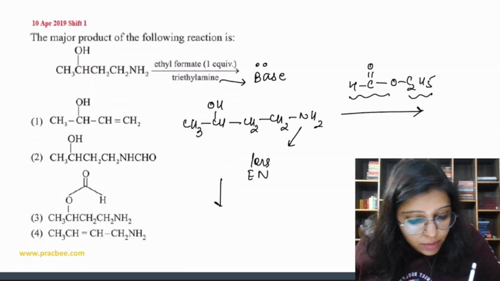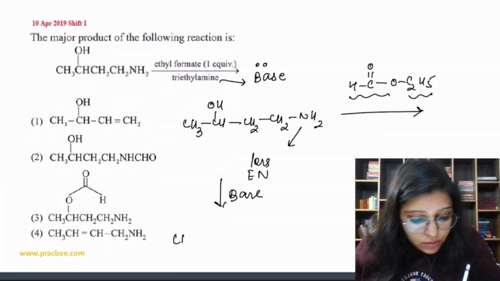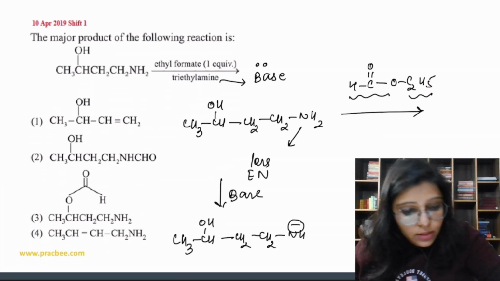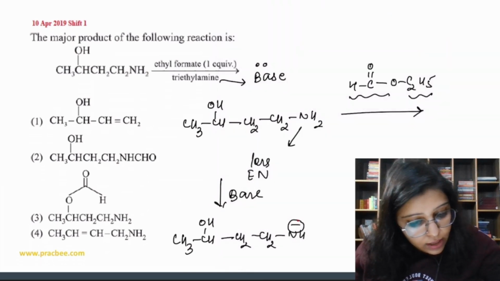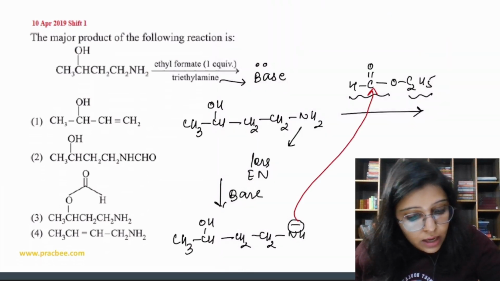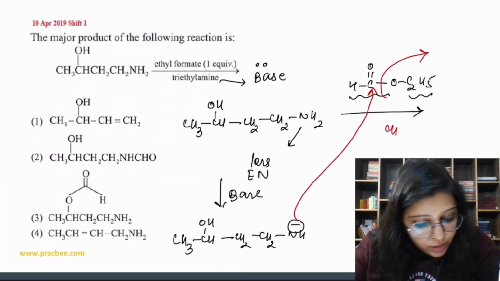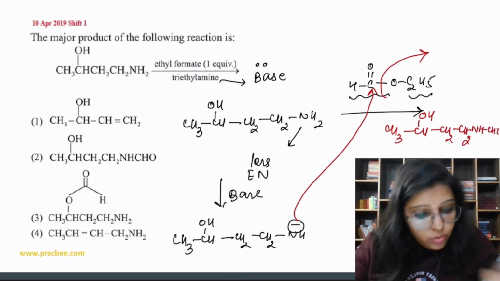Okay, so now in the presence of base, what happens? We have CH3, CHOH, then CH2, CH2, NH minus. NH minus can attack on this carbon and OC2H5 leaves. So by doing so, we get CH3, CHOH, CH2, CH2, NHCHO.